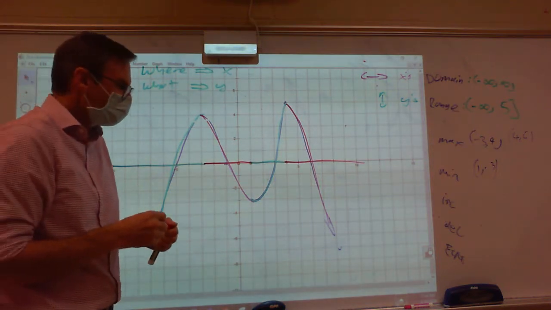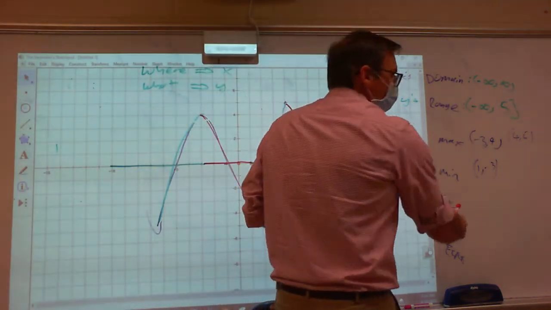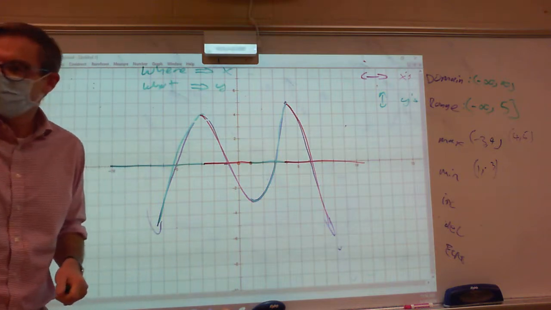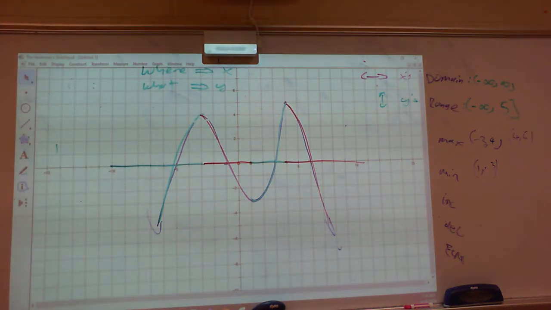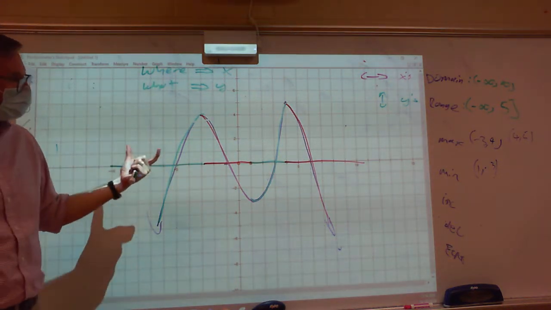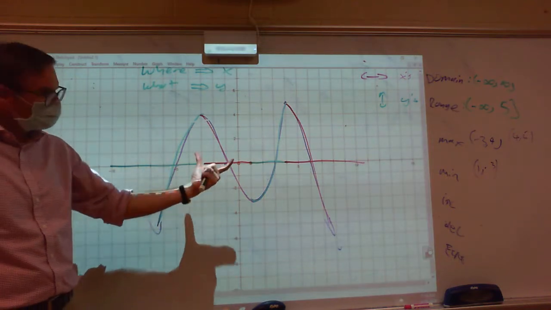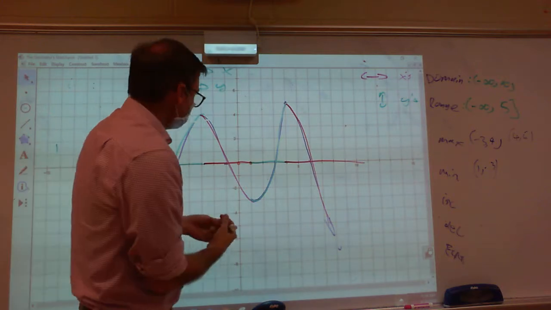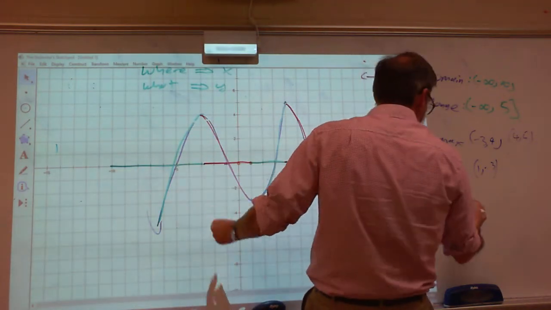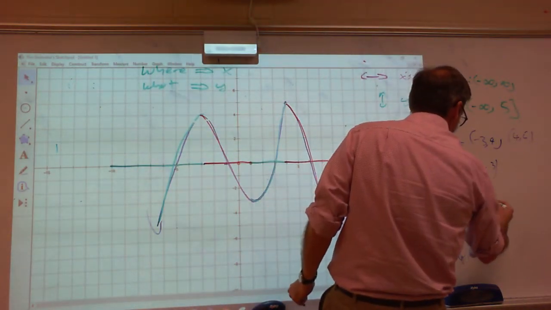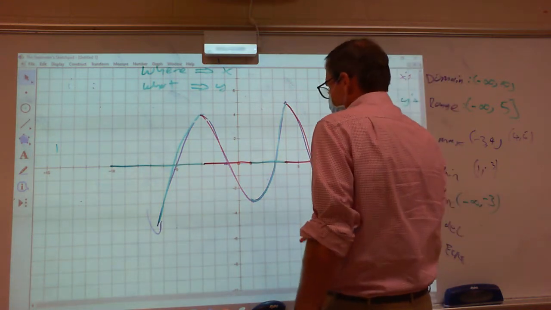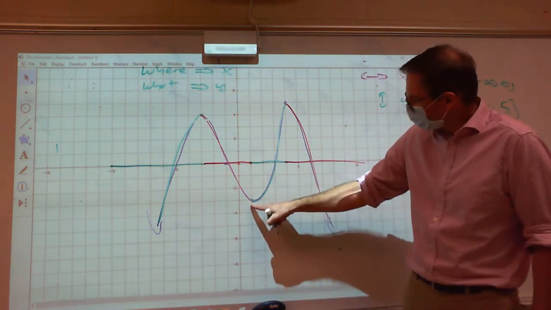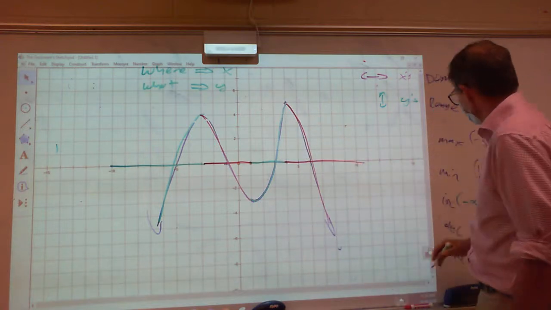Now, as far as our color coding goes, let's talk about increase. As far as my x intervals for increasing, it's going to be from here to here. So that's going to be from negative infinity to negative 3. And then the next interval of increase is from 1 to 4.